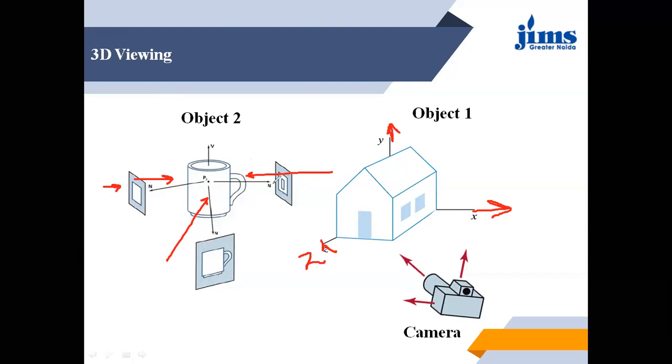Whatever I am seeing is this one. This is the complete image I can see, and you can see from here that it contains only two directions. First one is this and second one is this.